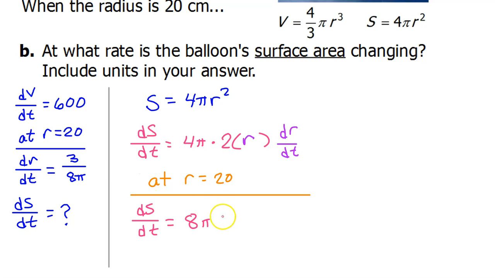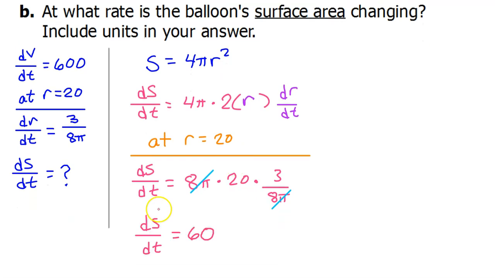Well, r is the 20. And at r equals 20, dr/dt is 3 over 8 pi. We are noticing that we have these 8 pi's that are going to cancel out. 20 times 3 is 60. dS/dt is equal to 60.